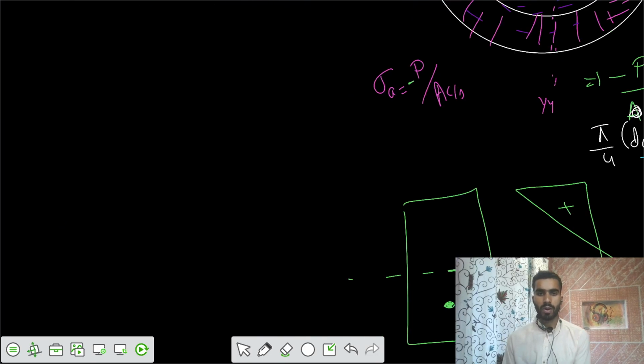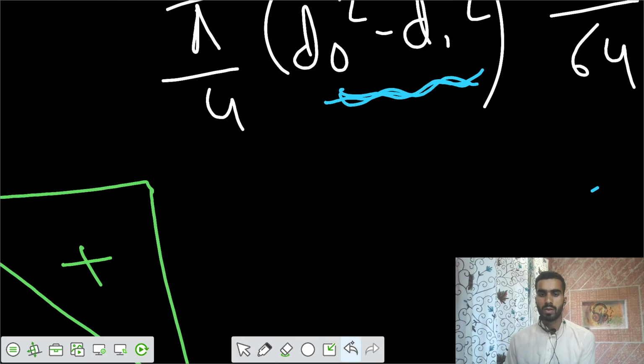And let's take the final problem of these columns. So you had that section. Let's say this is your section. And this one is your line along the diagonal.